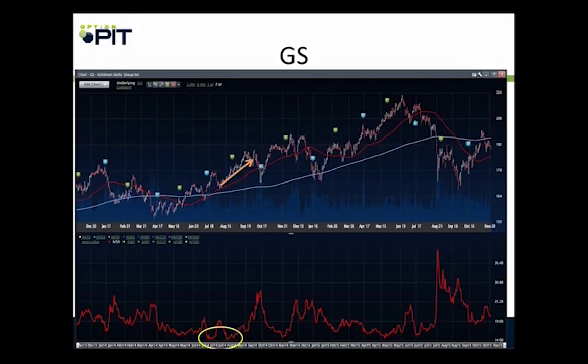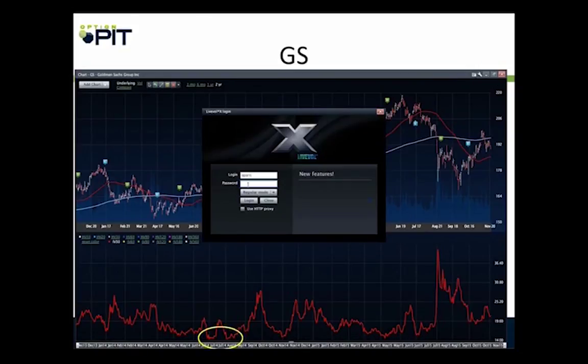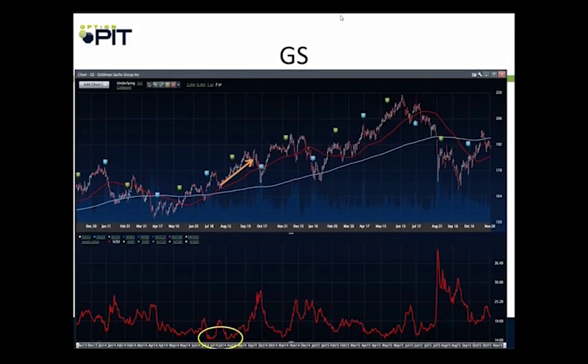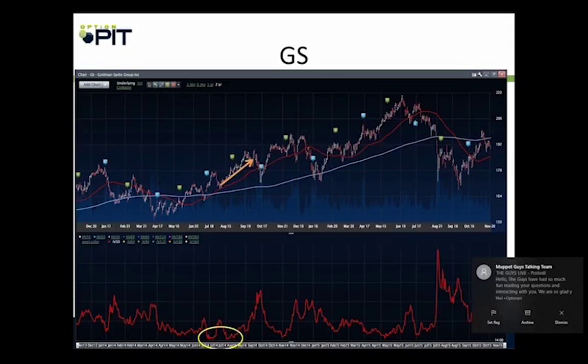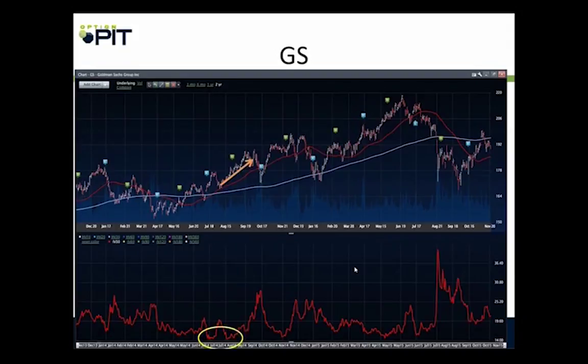If you use LiveVol, the scans are right in there. If you don't, you can still do this because TD has implied volatility. Almost everybody does.